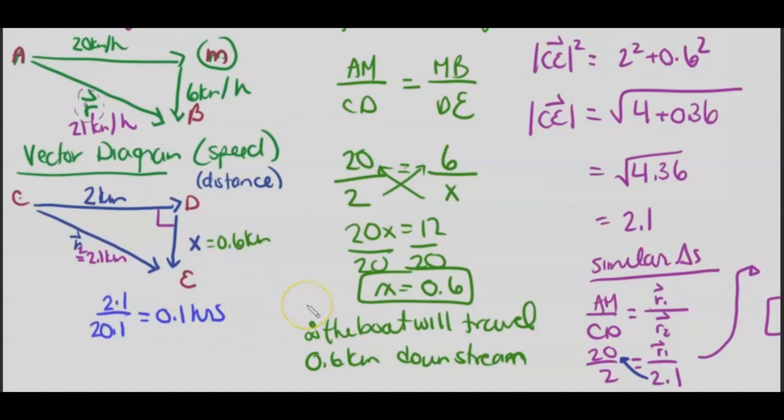Okay, 0.1 hours doesn't really mean much. We want to then take 0.1 and multiply it by 60, because an hour has 60 minutes in it. And we get 6 minutes.